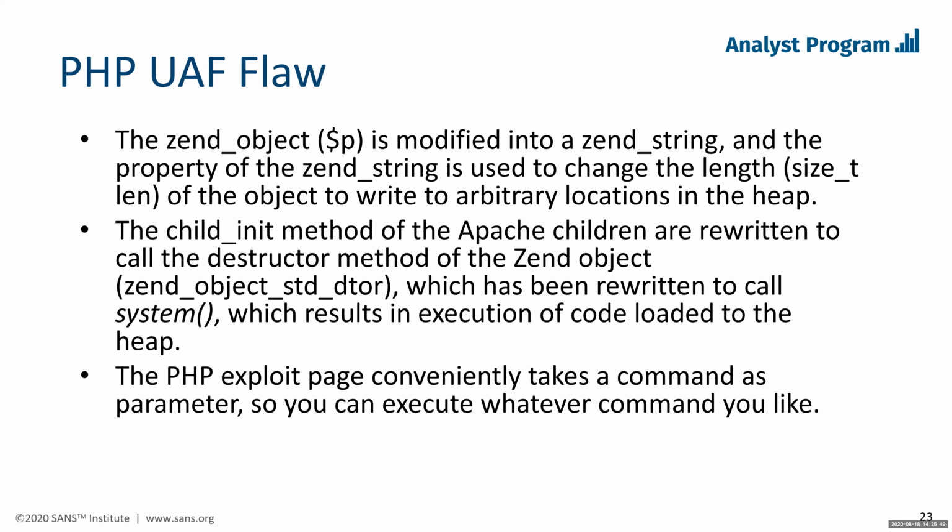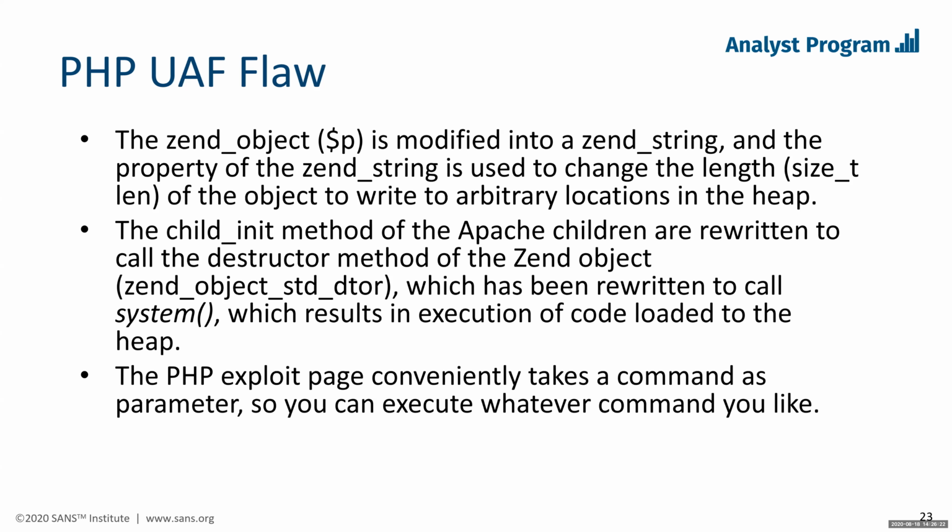The intention of this writing into memory is that the child_init method of the children, which were running but end up being sent a signal to stop, will actually be rewritten to call the address of the zend_objects_store_del destructor in order to be able to then rewrite, to map that to the location of memory where the system call is.